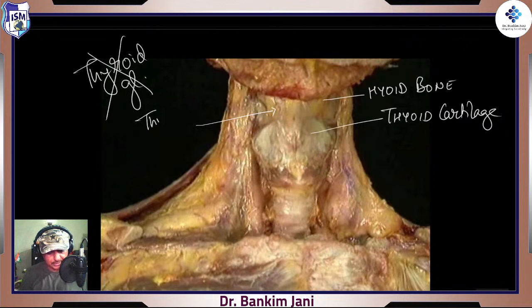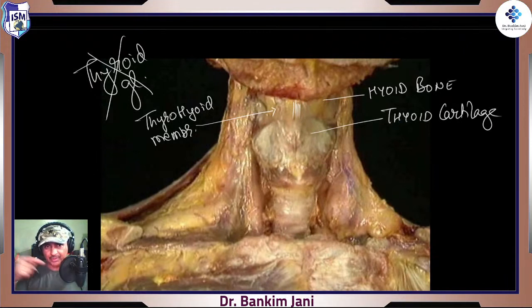So it is thyroid membrane. And this membrane, which is thin, it is thick at the medial part, and that's why then we'll call it medial thyroid ligament. And then posteriorly also, right, it is thickened, so we call it, say, lateral thyroid ligament.